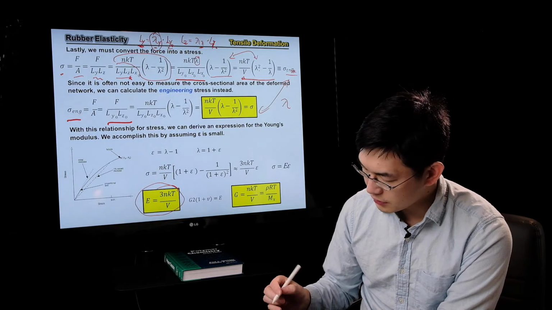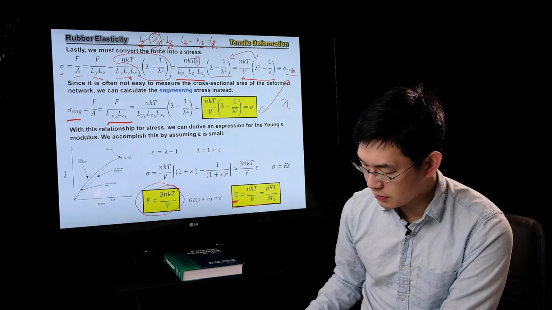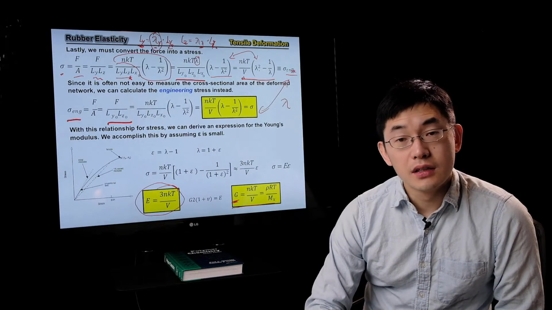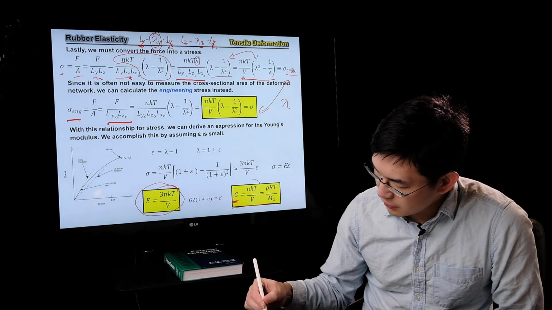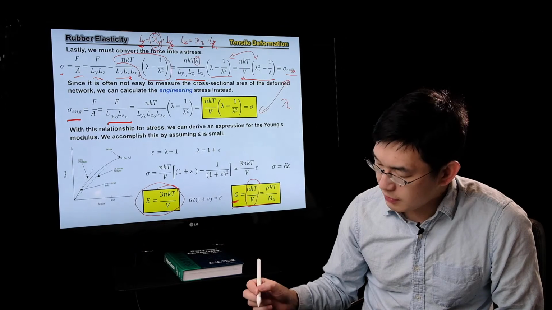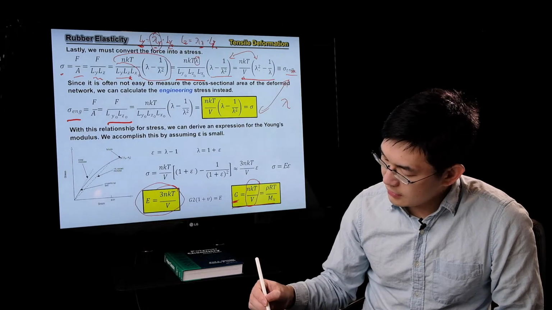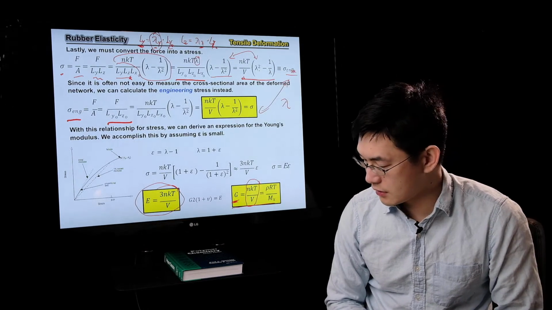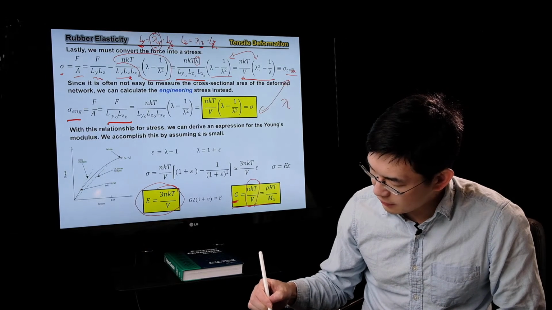The other value is the G value, the shear modulus related to the network. Okay, so note one thing that differs from what we showed: now we have nkT divided by V. Again, this is a modulus. N is the crosslink density, k is the Boltzmann constant, T is the temperature, divided by V. We can also simplify the first two terms.